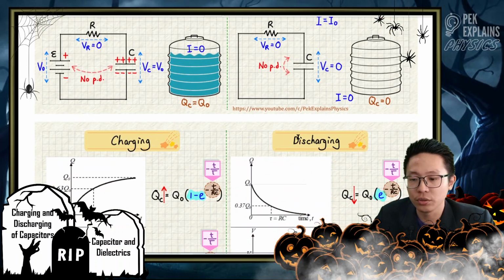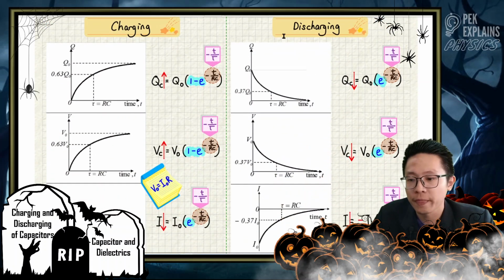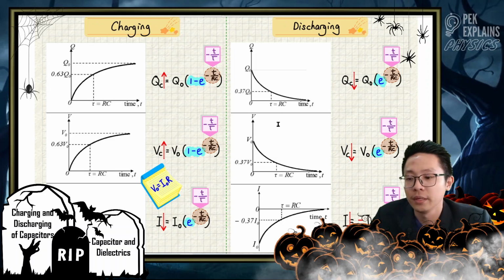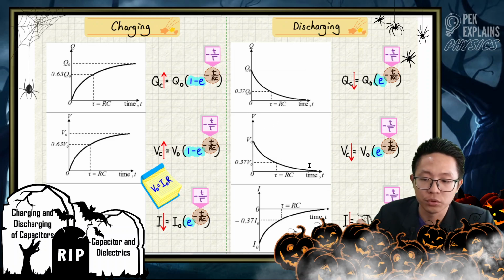If you look at the discharging graph, the charge drops from the maximum Q naught to 0, but it never really cuts the axis. It's just merely touching. The voltage across the capacitor also drops from the maximum voltage V naught to nearly 0.